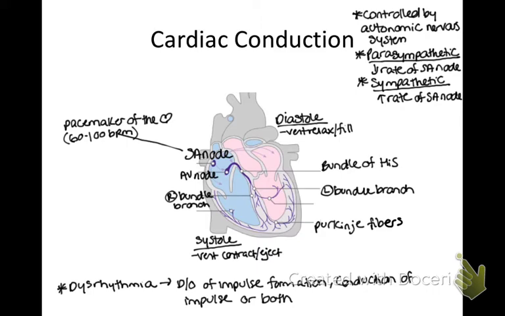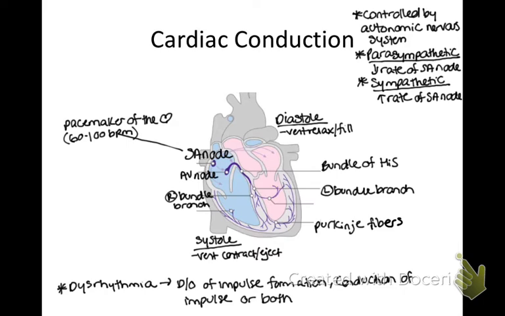Okay, so if the impulse does not form in the SA node and forms somewhere else, you have a dysrhythmia. Or if it doesn't go SA node, AV node, bundle branches, Purkinje fibers, if for some reason it skips, then you have a dysrhythmia. It always has to go that way.